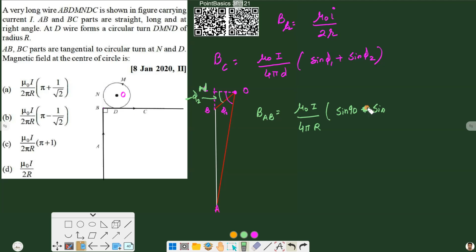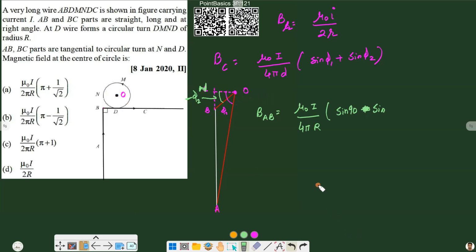And now coming to this triangle OBN. In triangle ONB, we know that the value of ON is equal to the radius of the circle, and OD, which is also equal to NB. OD is equal to NB, which is also equal to the radius of the circle.